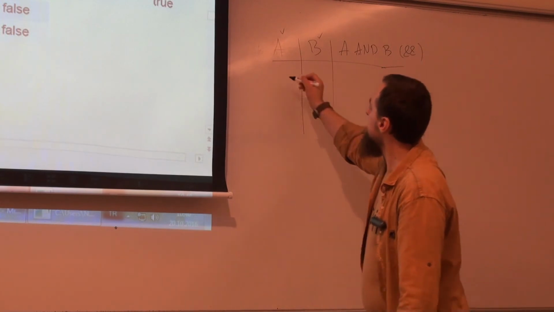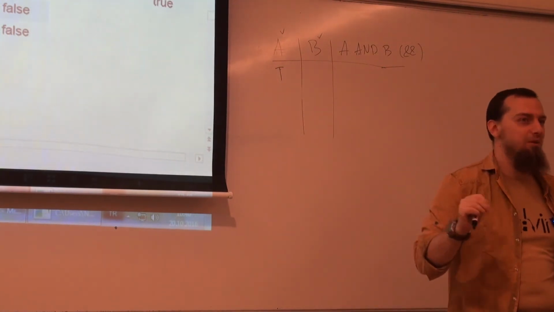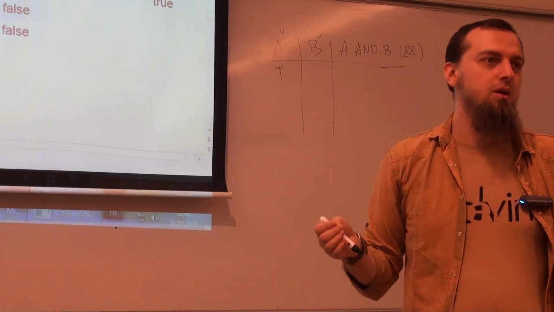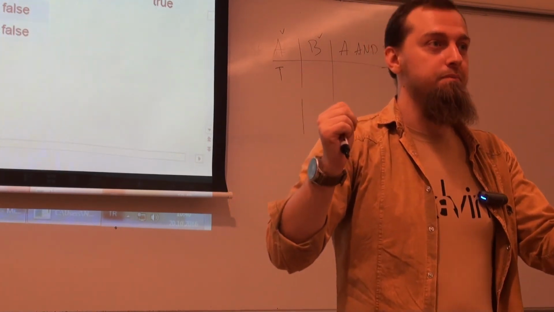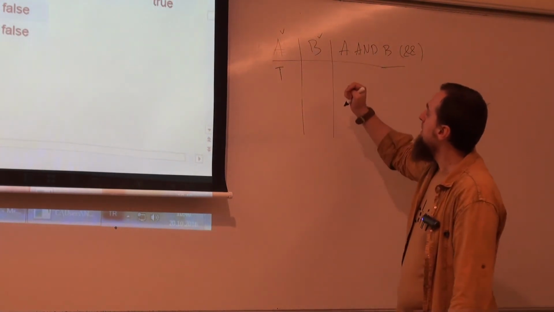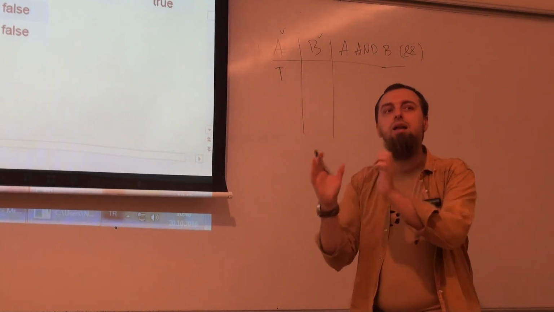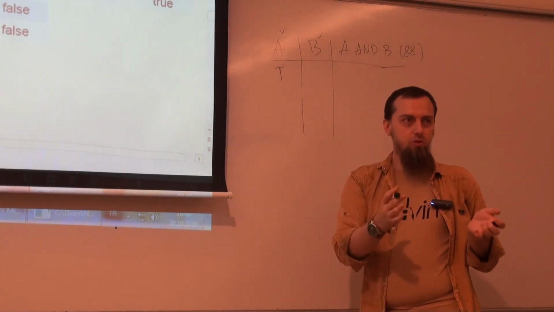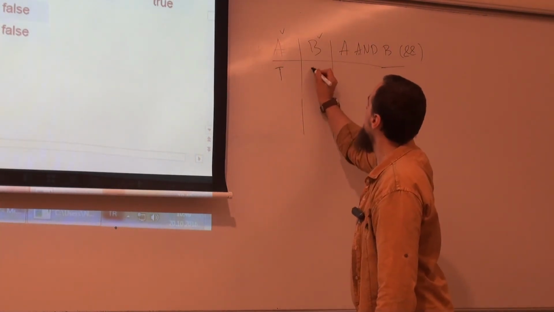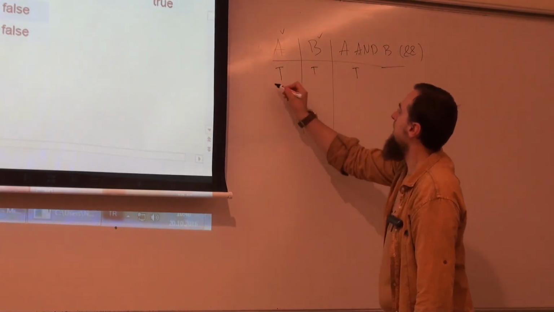So the first statement is true because I'm 30 years old. Let's assume I'm 30. I'm not going to give you my age. It's going to be in your midterm. You should find it. But, well, let's say that I'm 30 years old and I am a male. Is this true? Yes. That's why A and B is true. Okay.